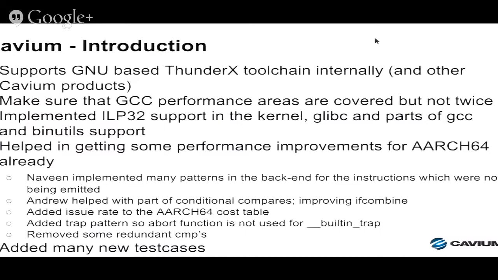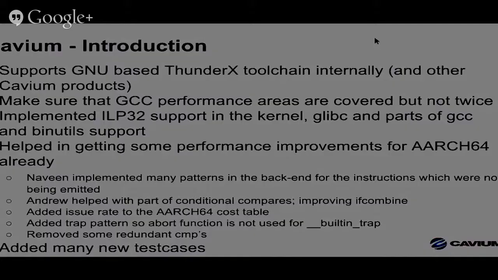So basically, we support the GNU-based ThunderX Toolchain internally, and other Cavium products, including our Octeon. We have some priorities sometimes. We want to make sure that GCC performance areas are covered and not duplicated, because duplication is bad.